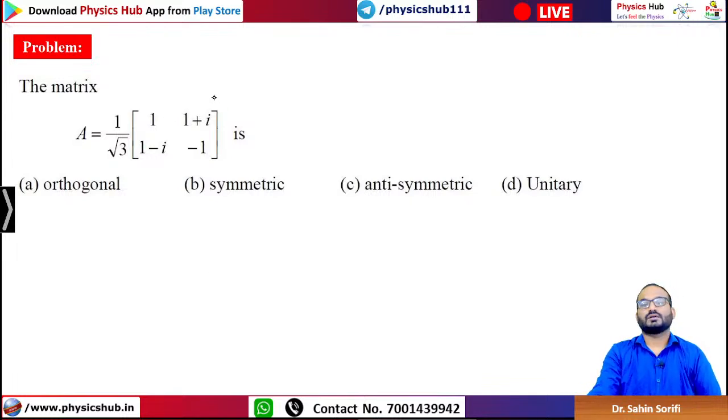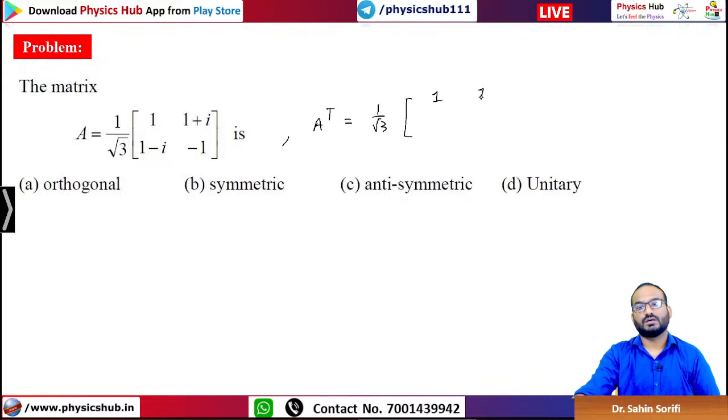Look, first of all, imaginary numbers are involved, so you should check for unitary. Orthogonal, you can check if A transpose satisfies it. Symmetric, right? If you consider A transpose, 1 by root 3, 1 minus I, 1 plus I, minus 1.